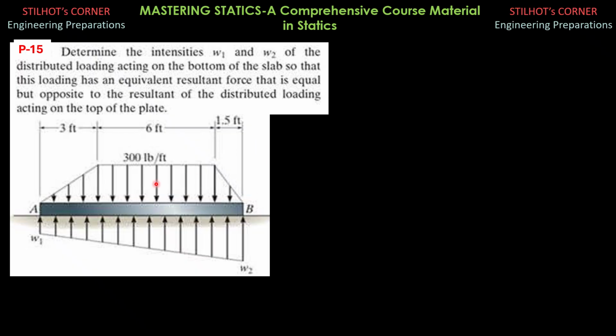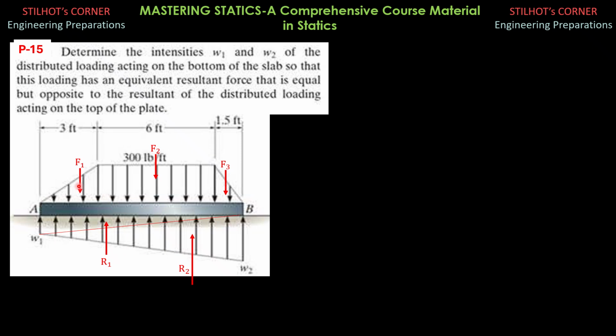So I'll denote the forces above the plate or slab as shown. We have F1, F2, F3, and for this reaction, W1 and W2, this is trapezoidal, so I'll divide this into two triangles as shown, and we have R1 and R2.